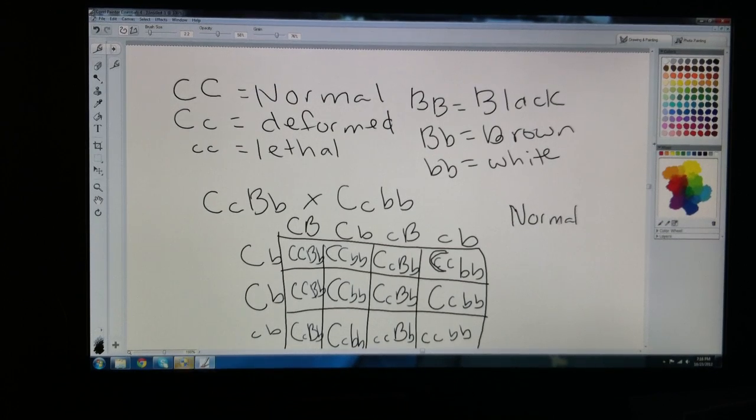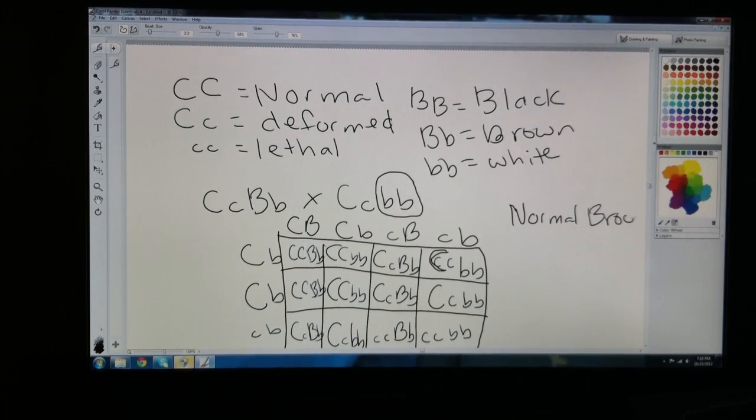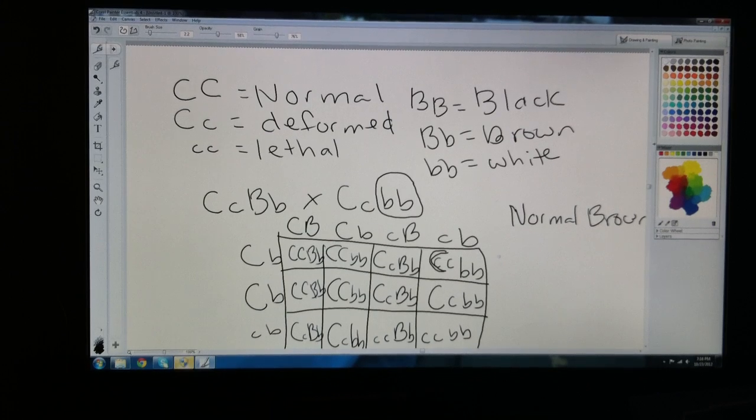And so normally you would do normal with black fur, but we can tell that in our parents here, because one parent is homozygous recessive, none of their offspring will have black fur. It is impossible for these two parents to have black furred offspring. So then our next choice would be normal with brown fur. Then another phenotype we'd look at is normal legs with white fur.